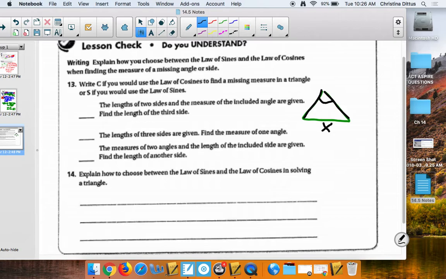Which one does that look like, sine or cosine? Yeah, cosine. Okay. Anytime you're gonna involve all three sides and one angle, probably going to be cosines.